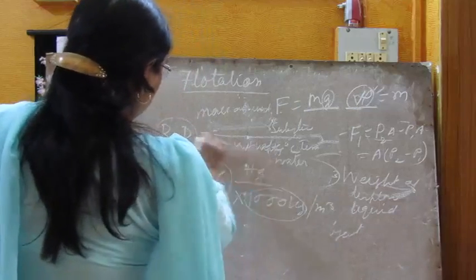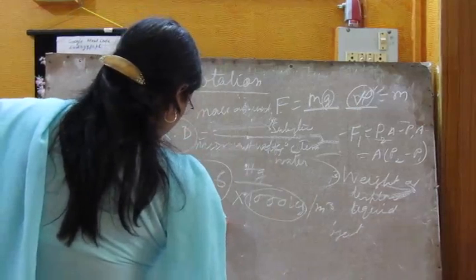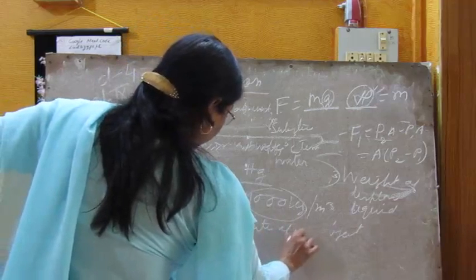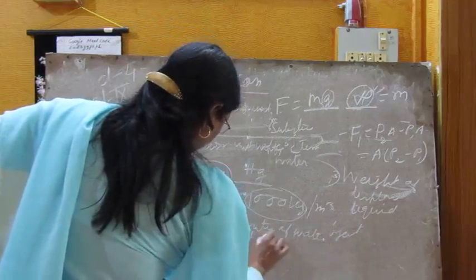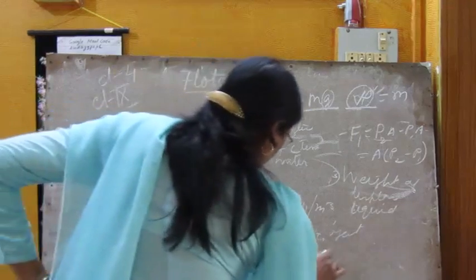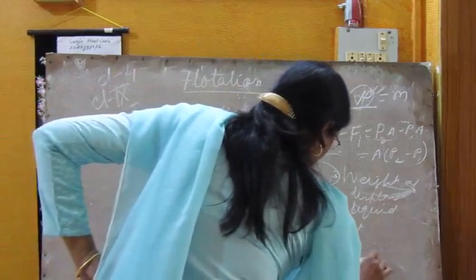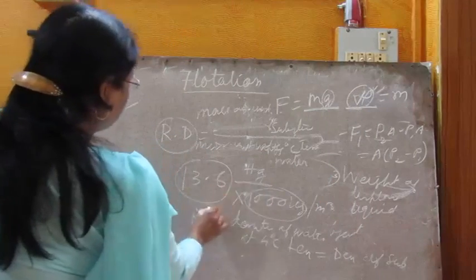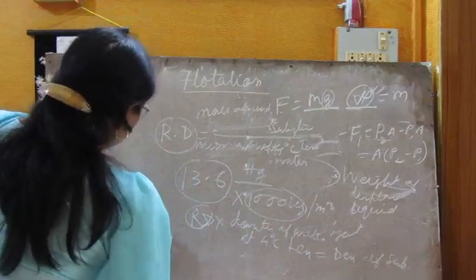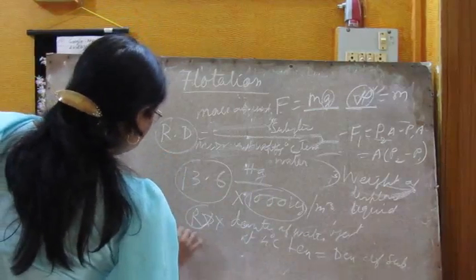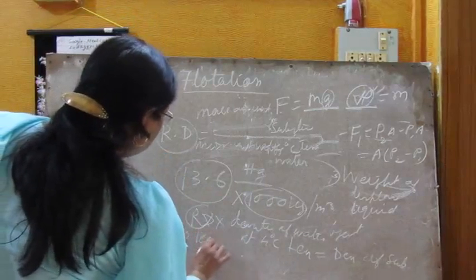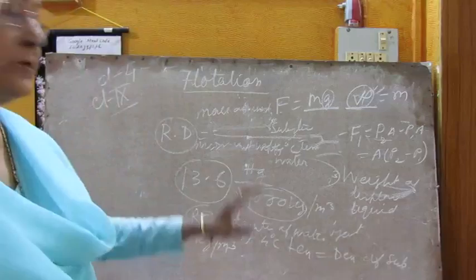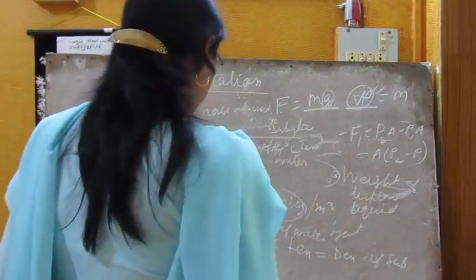If you multiply the relative density by the density of water at 4 degree centigrade, we get the density of the substance. So 13.6 times 1000 gives 13,600 kg per meter cube. This is the density of mercury. In this way you have to find the relative density or density of a substance.